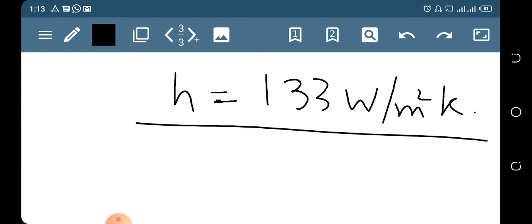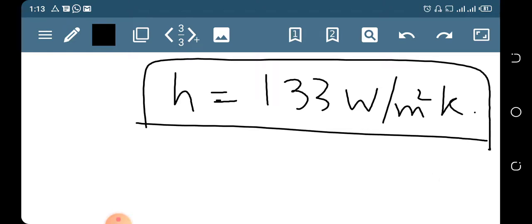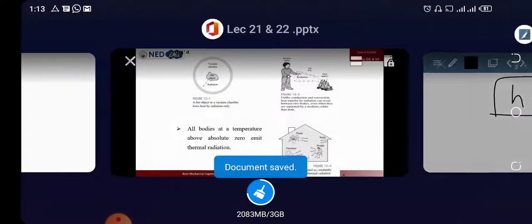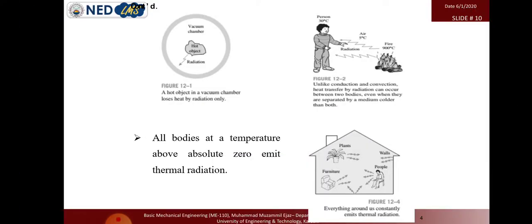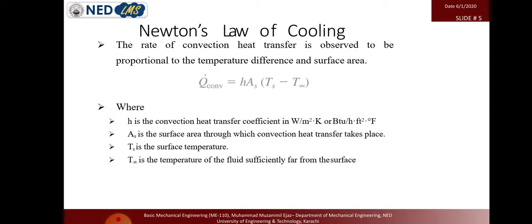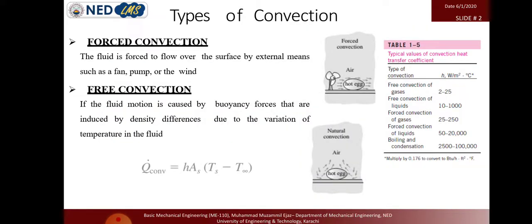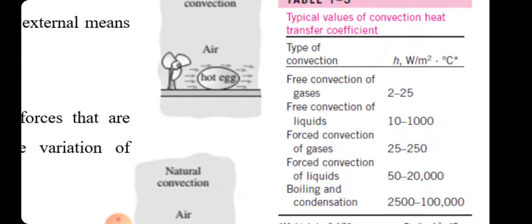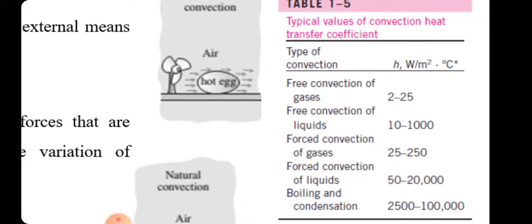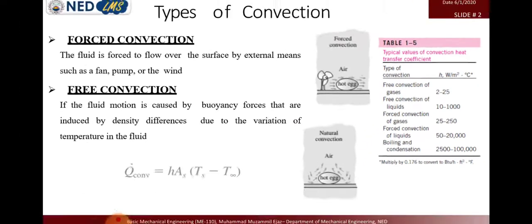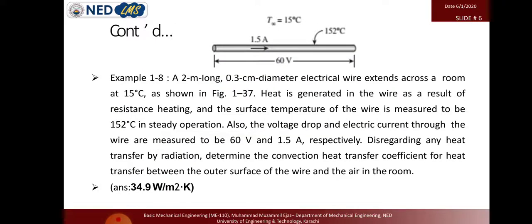Okay, so the value is more than 25, so we can call it a forced convection, not a free convection. Got it? You can cross-check the values: forced convection of gases is between 25 to 250. So we have a value of 133, so it's a forced convection.